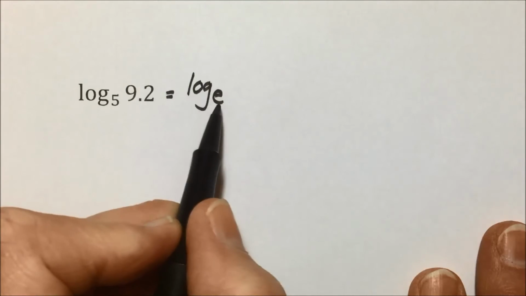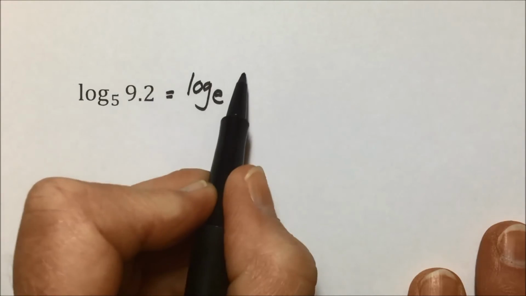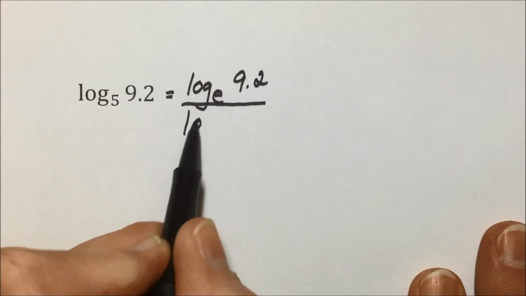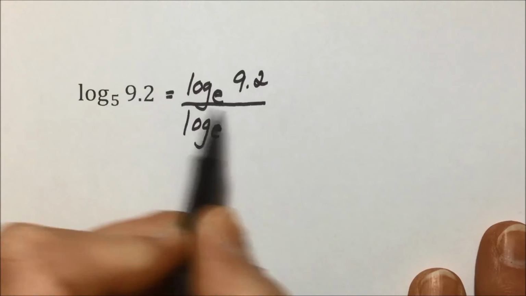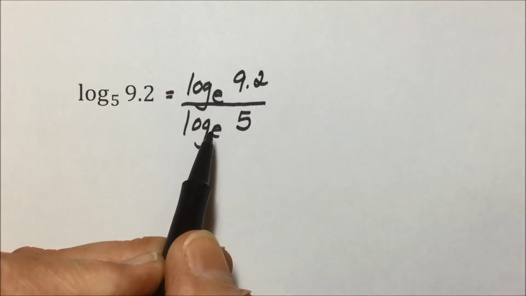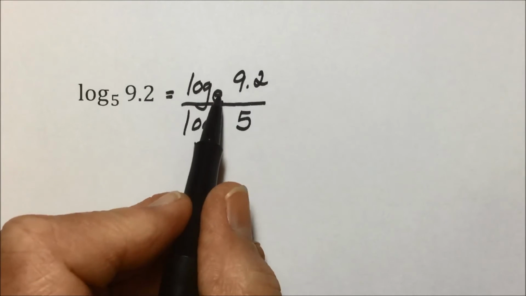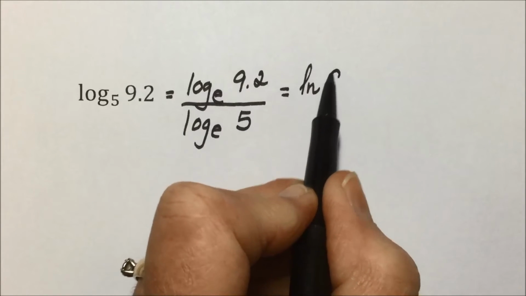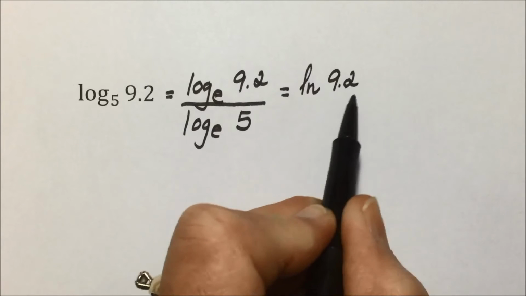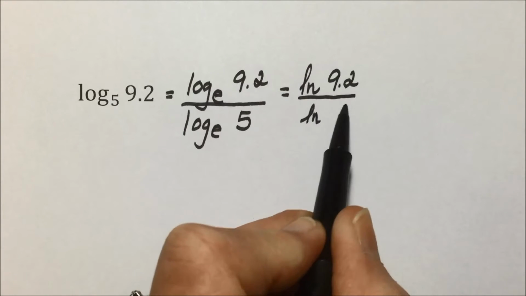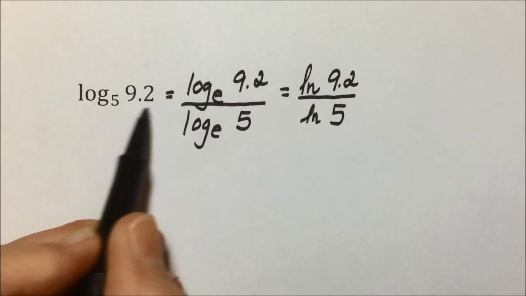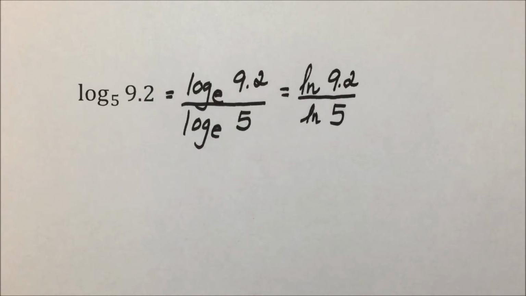So log base e of what we were taking, 9.2, over log base e of the old base, 5. I wrote this out completely showing the base, but I could have used the shorthand ln: natural log of 9.2 over ln of 5, for an equivalent version of the given logarithm using the change of base formula.